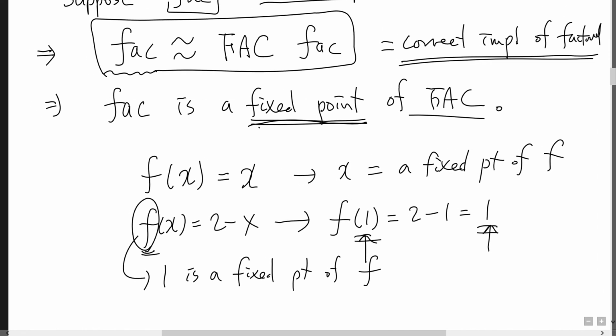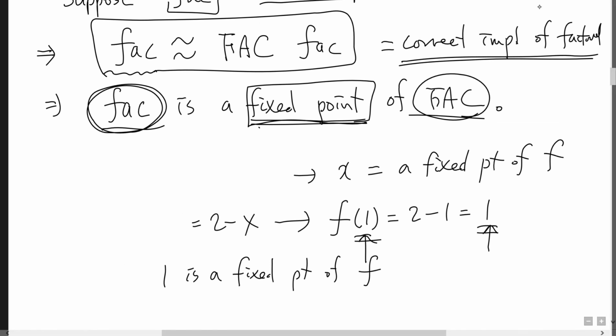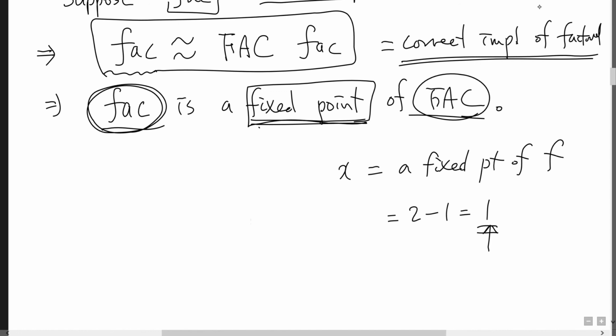And now we only have to calculate a fixed point of this function capital factorial. Then we obtain the correct implementation of factorial. So to summarize, in order to implement the recursive function factorial, we have to calculate the fixed point of this capital factorial function.